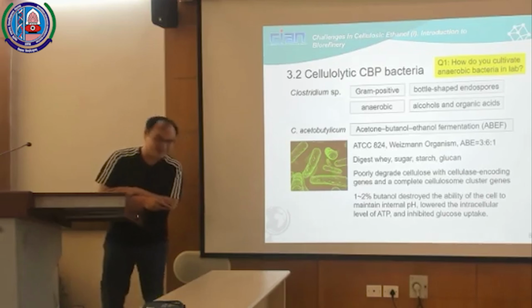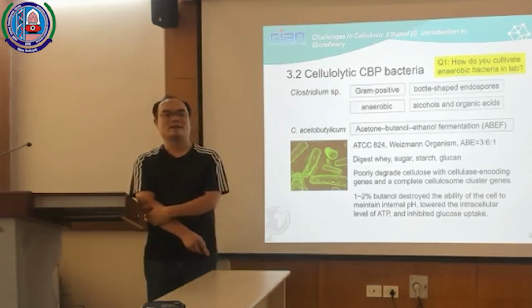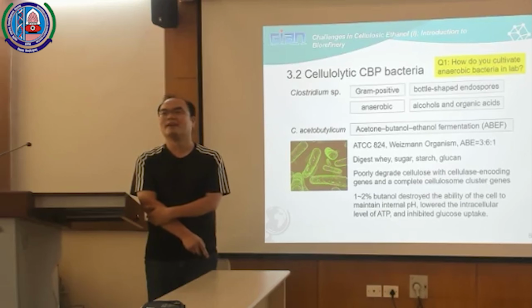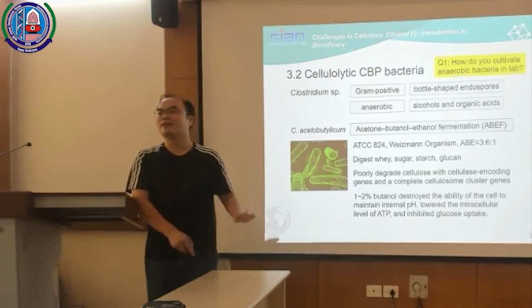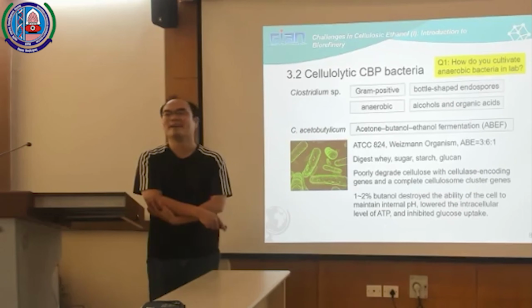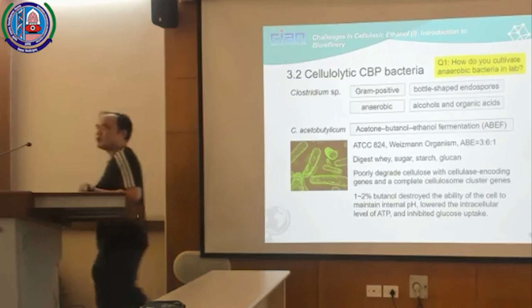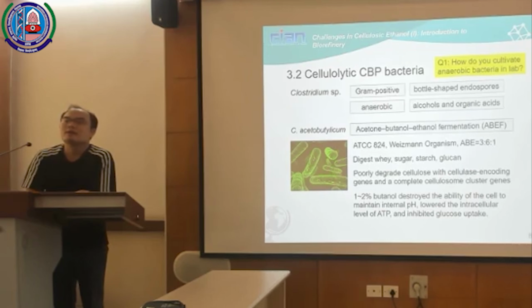Means if you don't have anaerobic equipment, how will you grow an anaerobic bacteria? You are being taught general microbiology, how to grow. I spent a lot of time, 2 years, to solve this problem. But it's very difficult. If you need to get rid of oxygen, how can you do that?